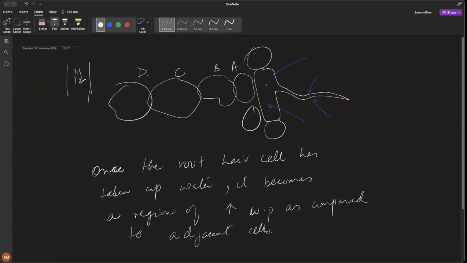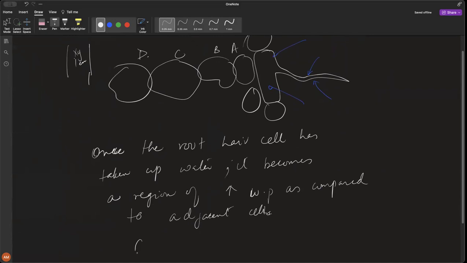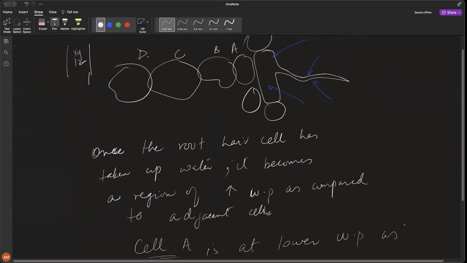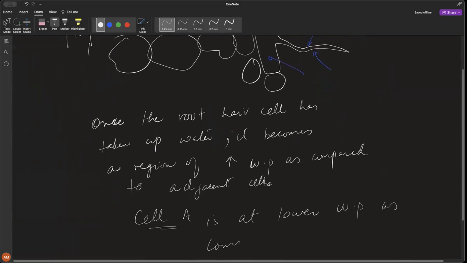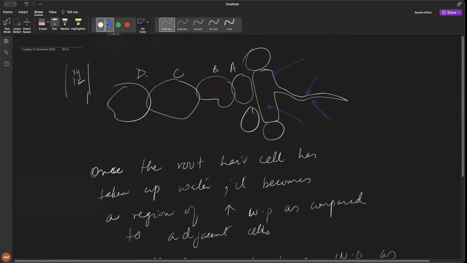So the water is going to move from the root hair cell into A. This makes cell B a region of lower water potential as compared to cell A. So the water is going to move from A to B.